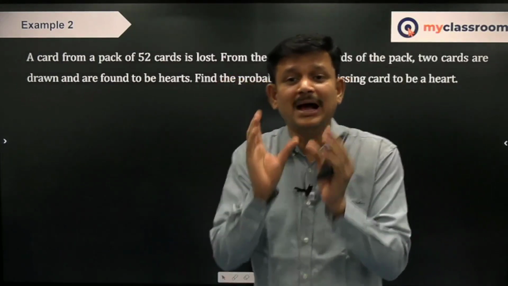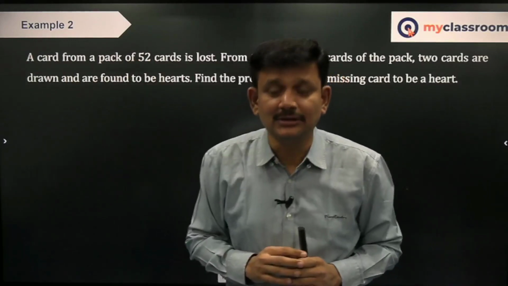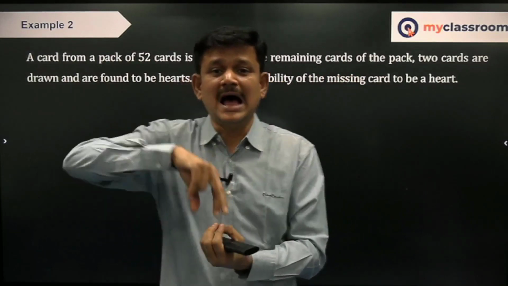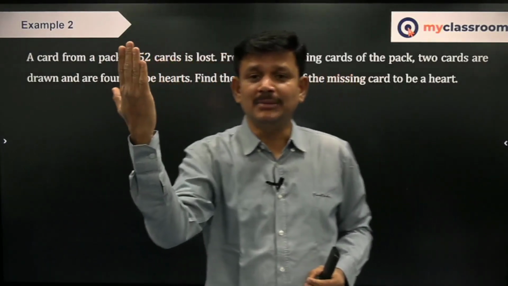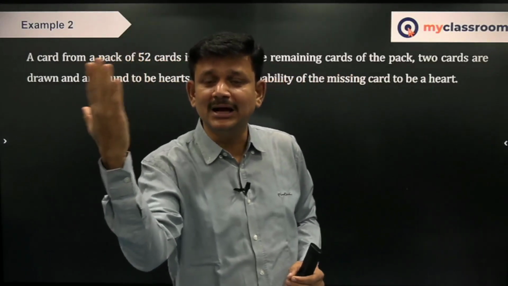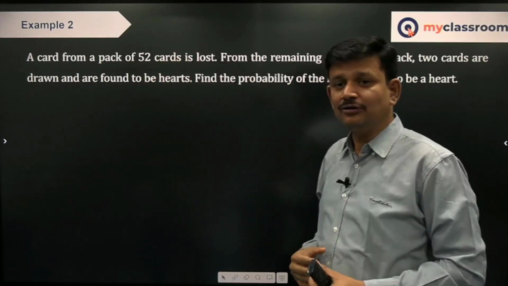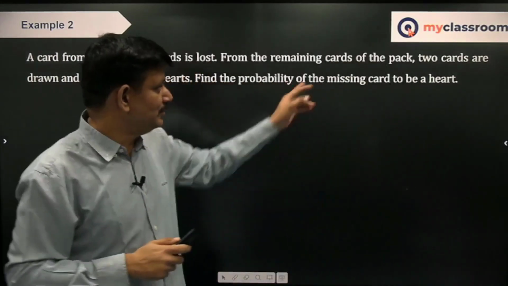So you are left with 51 cards, and you don't know which card is lost. Now from these 51 cards, I am taking 2 cards out and I found that both of them are hearts. So the final outcome that these 2 cards are hearts is already known to me.